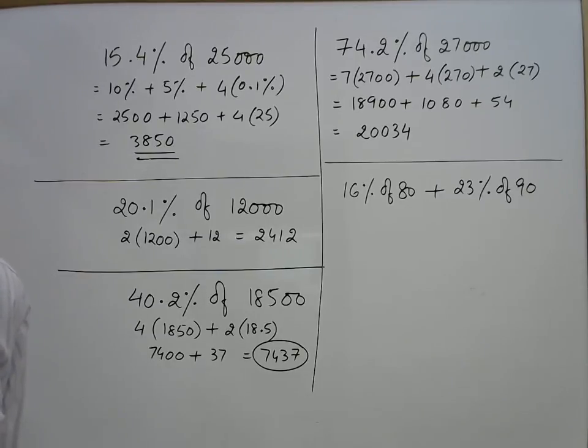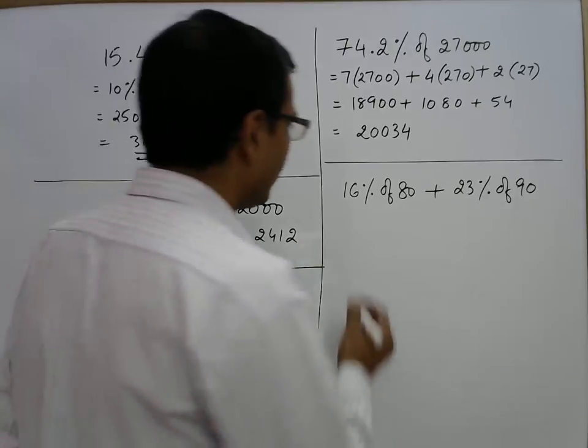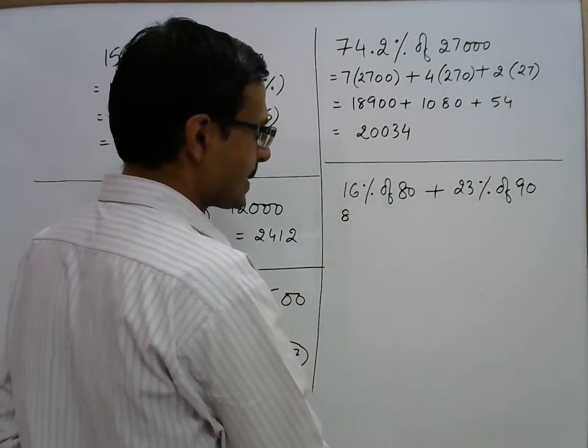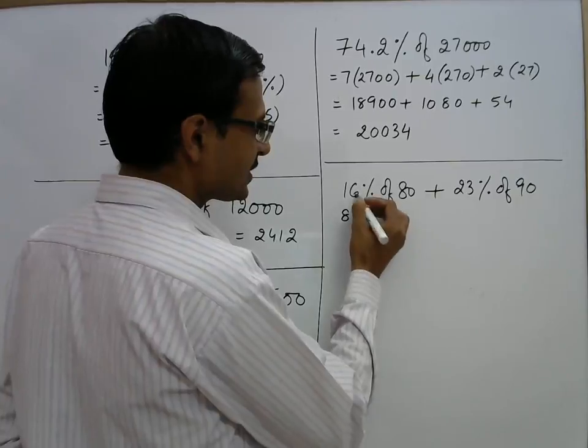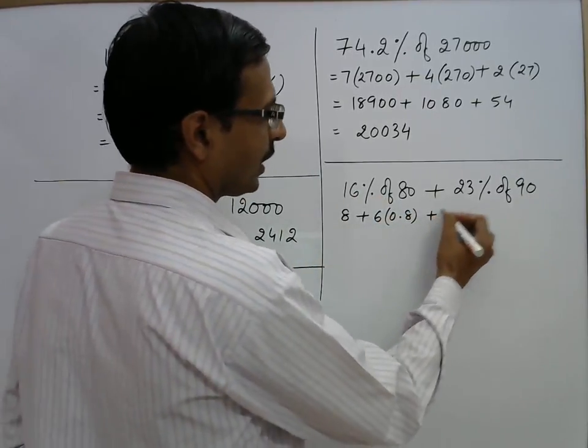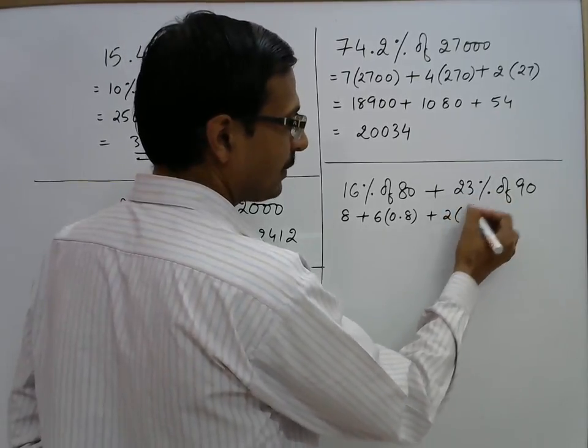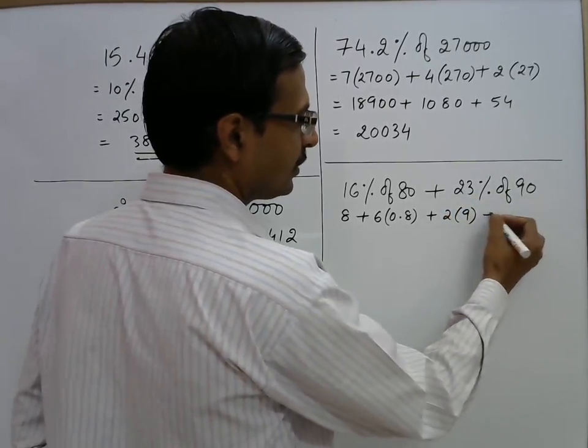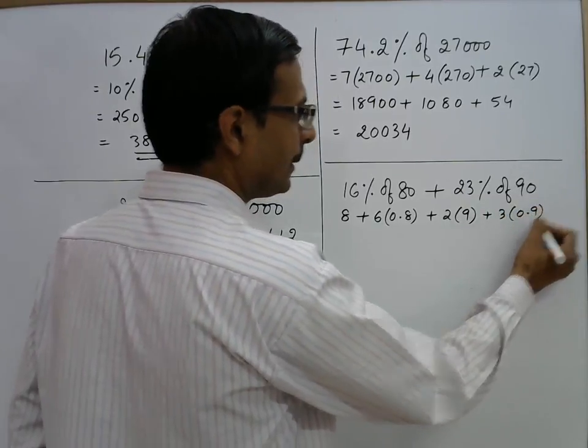Okay, 32.5, 33.5. Some different answers there. 33.5 and 26.75. Okay, a lot of different answers there. So we need to verify. 10% is 8 and 6%, 6 into 1%. 23%: 2 into 10% is 16, 3 into 1% is 0.9.